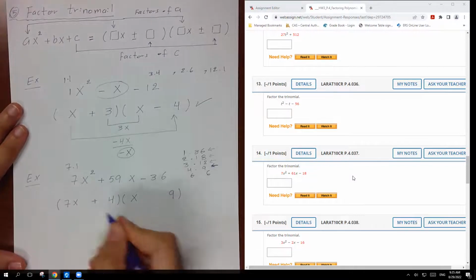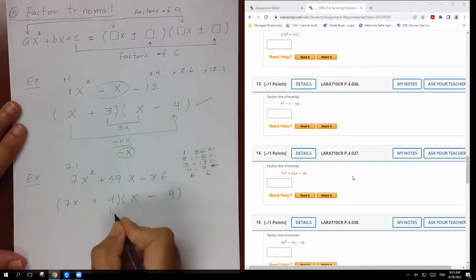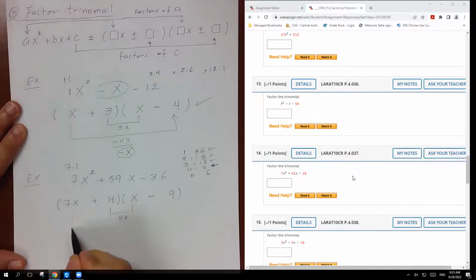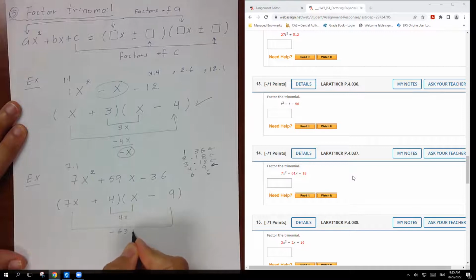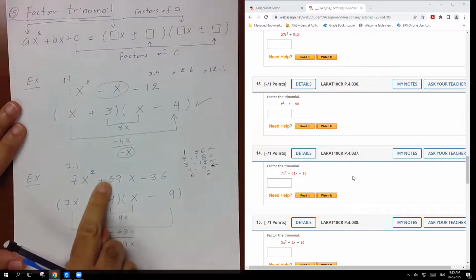Let's check if this is the right solution. If I multiply these together, it's going to be 4x. If I multiply these together, it's going to be negative 63x. Now, if we add these together, it's going to be negative 59x. I need to get positive 59x.